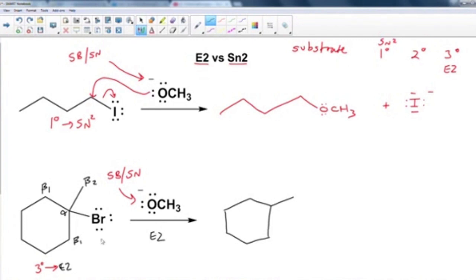Well, if you remember, we always lose the hydrogen from the beta carbon that gives the most stable alkene product, the most substituted one. So ideally you want to form a tertiary alkene if you can, then secondary over primary.